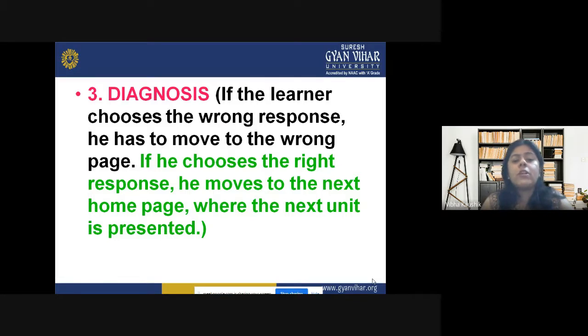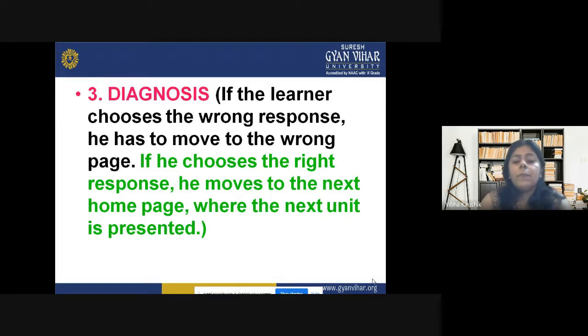If he chooses the right response, or if the learner has selected the correct response, he moves to the next home page. From there he will move to the next home page, and that page will have all the information, all the concept, all the content thoroughly in depth, where the next unit is presented.